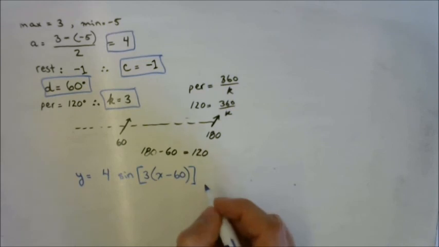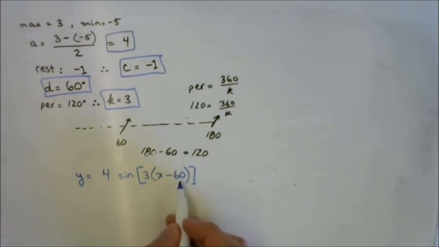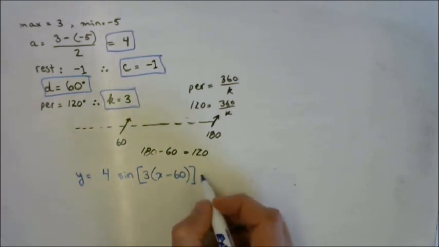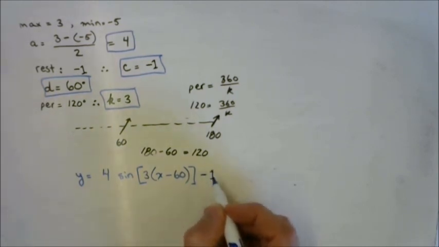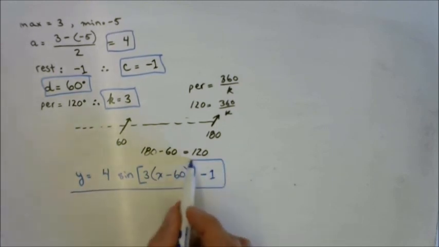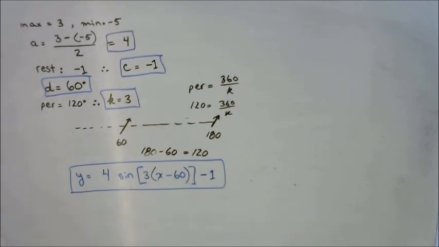Okay, if you're still having a hard time knowing that it's x minus 60, the standard form is x minus d. And d here is positive 60, so x minus positive 60 is x minus 60. And we're moving this thing down 1. And there you have it. You can always double check with Desmos as you're working through it.